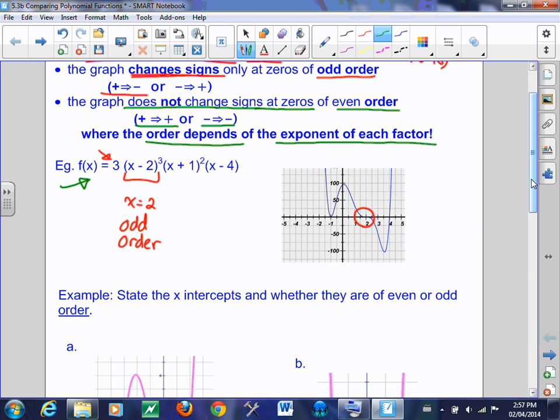Taking a look at the second bracket we have. If we go to solve that, x is going to have to equal what? x will equal -1. What I mean by solve is, how do you get x solved in here? Because remember, to find the x-intercepts, basically y has to equal 0, which means f of x has to equal 0.